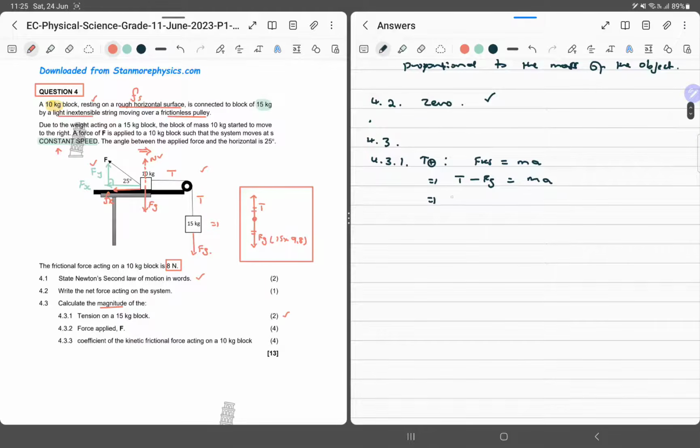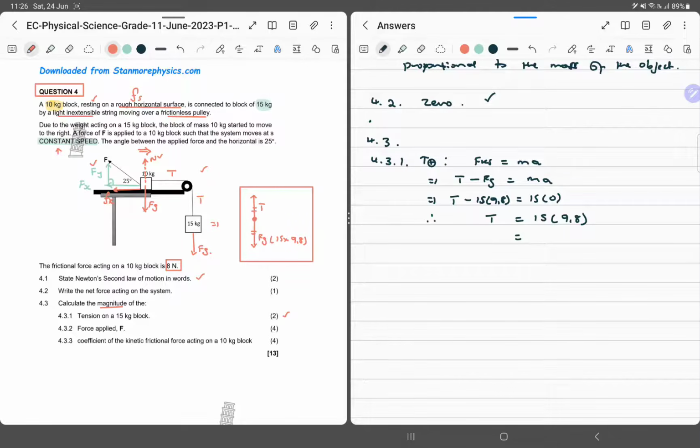This implies that tension minus Fg is basically mass times 9,8, which is going to be equal to 15 into 0 because we're doing 0 acceleration. We can say, therefore, our tension is basically 15 into 9,8.